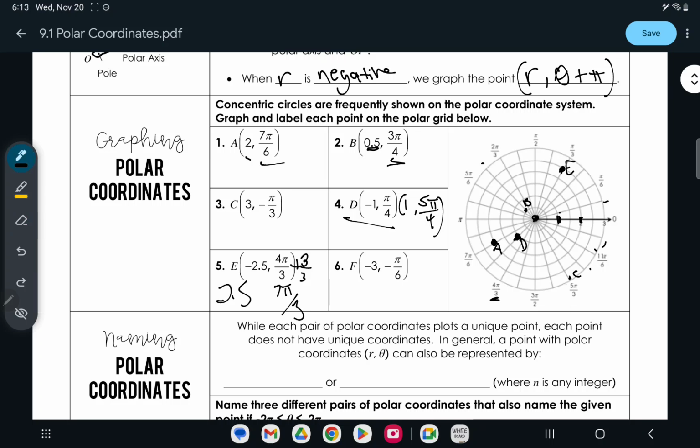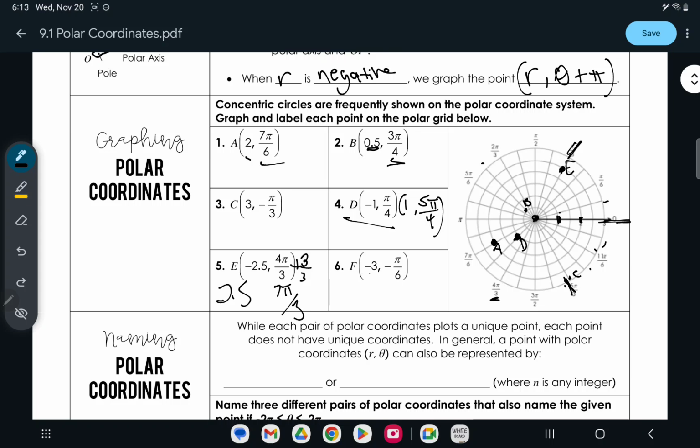And the reason I'm moving that is because I have 5 pi over 3 here. So I'd have 5, 6, 7. And that's where I would be.